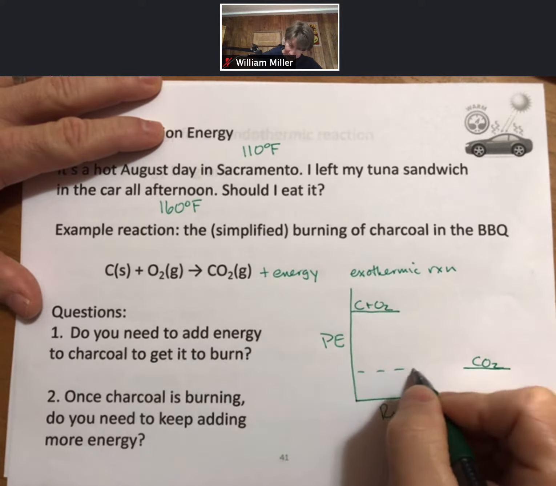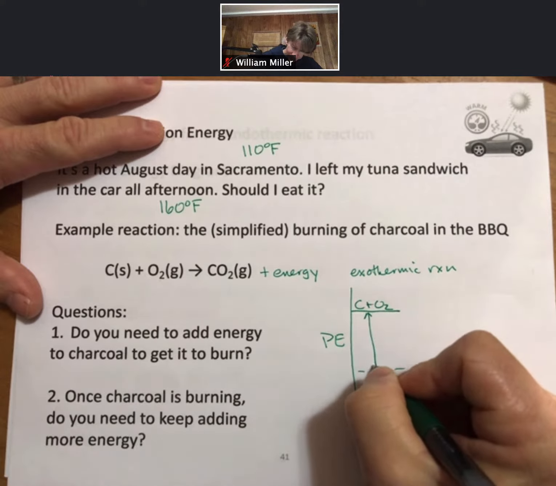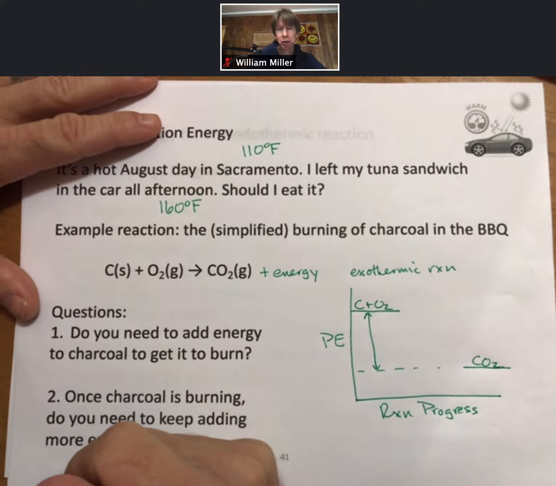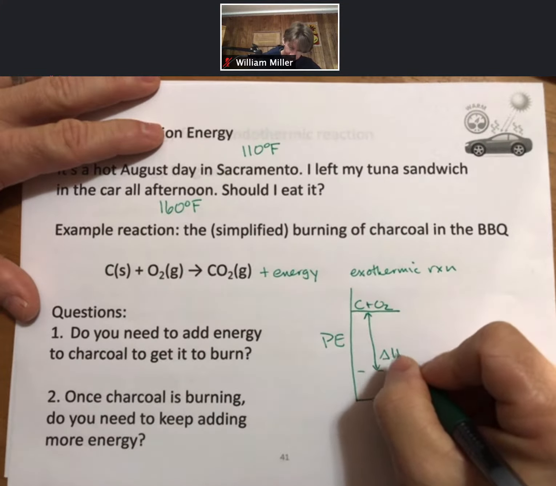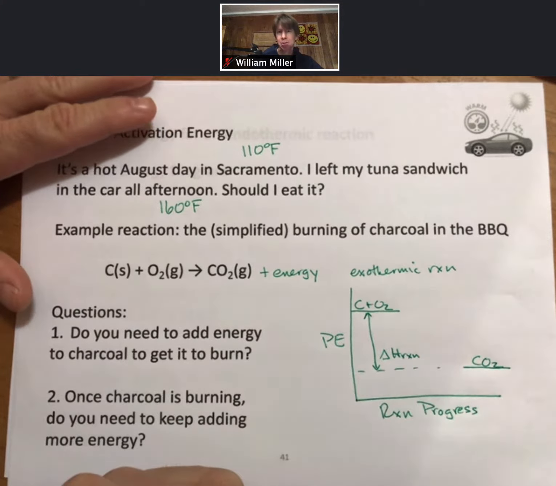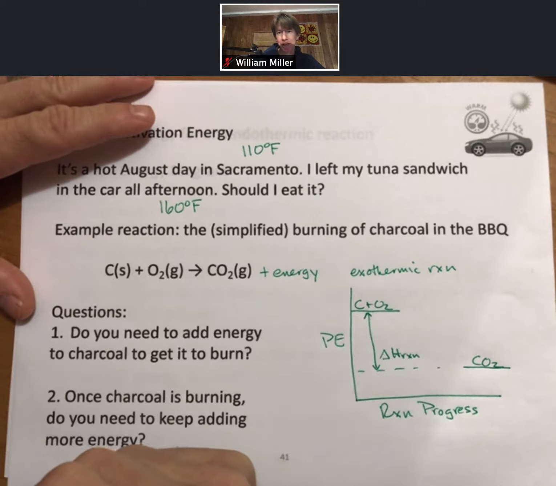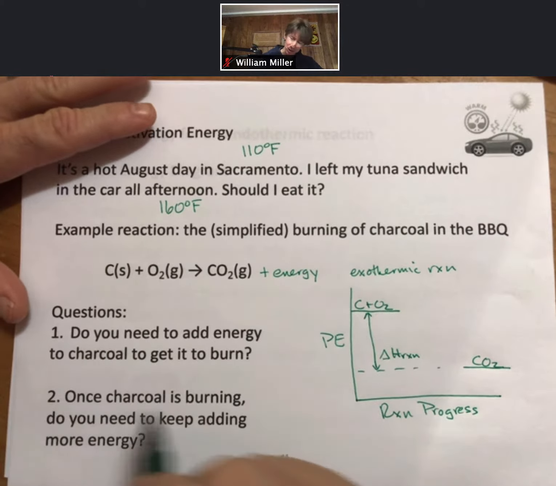And this difference in energy we call delta H reaction, the change in enthalpy of reaction, also called the change in heat energy of the reaction as it occurs.